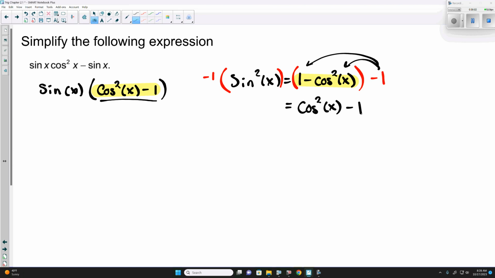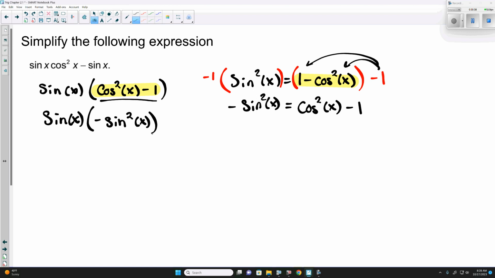But instead of positive sine squared, we now have negative sine squared. Because we have those the same now, I know that cosine squared of x minus 1 is the same thing as negative sine squared of x.